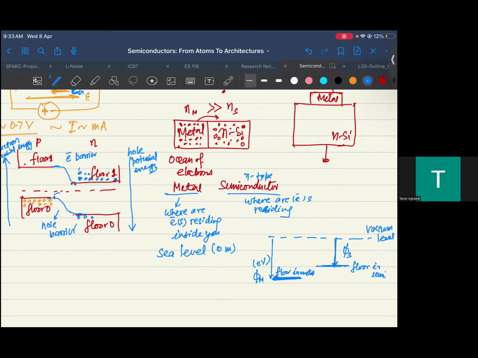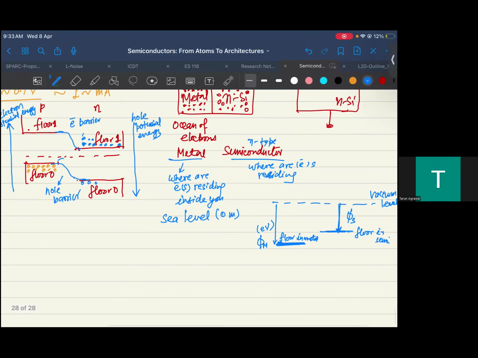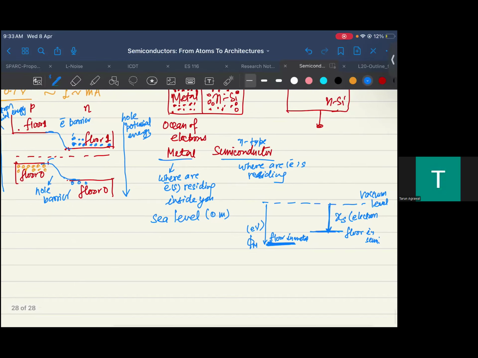Now, if this was an n-type, that means there are a lot of electrons. Let's say this is the conduction band we are talking about. So this will be called the electron affinity of the semiconductor.